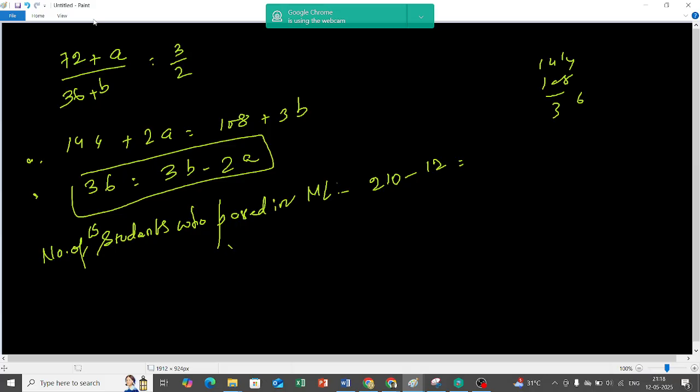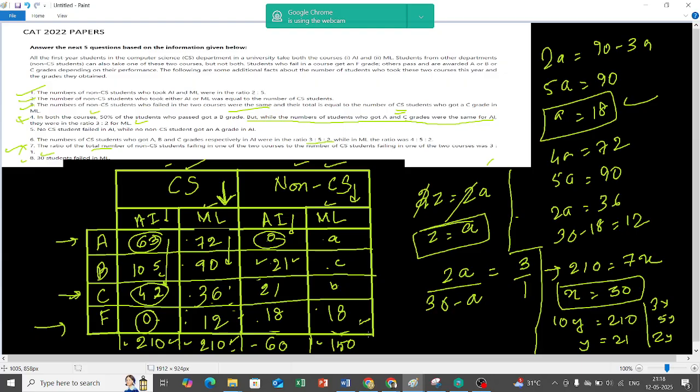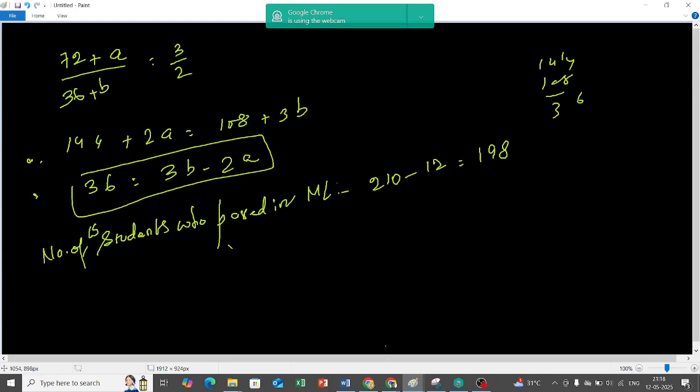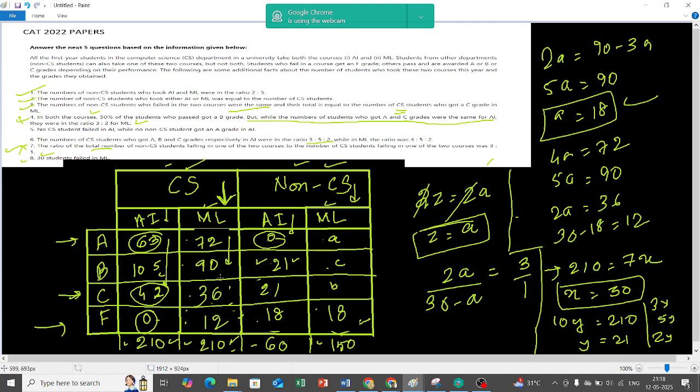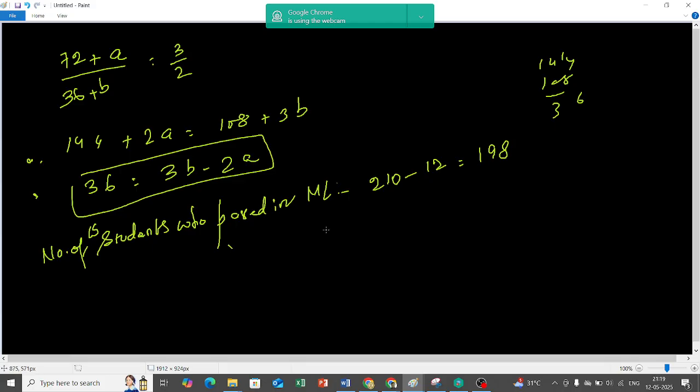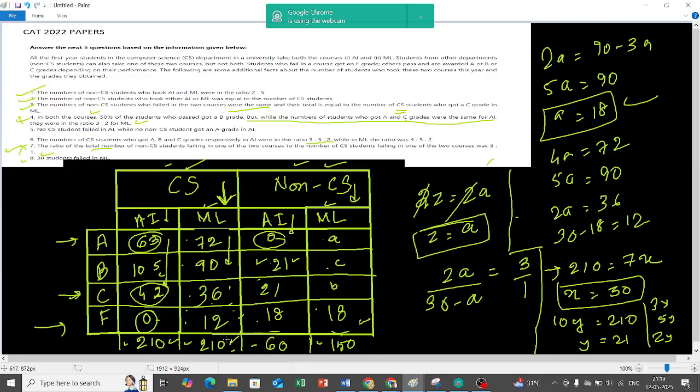Minus, it is 198. So the number of CS students who passed in ML is 198.